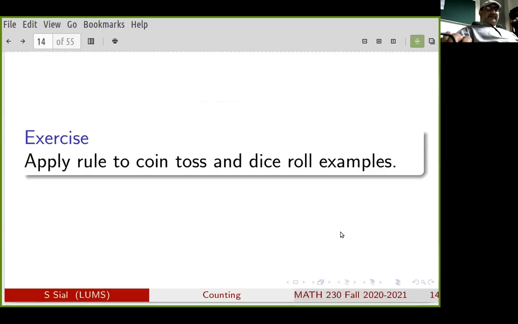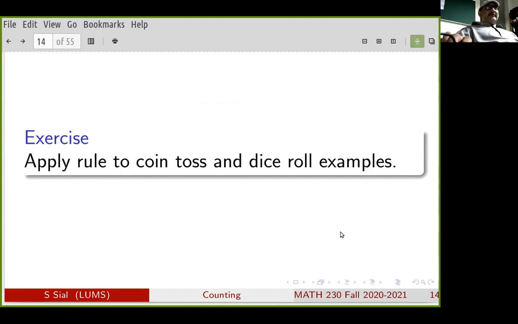Okay, so the coin toss experiment is one experiment, right? The first step can be done in 2 ways. And then for each of those 2 ways, the next step can be done in 2 ways. So 2 times 2 equals 4. For the roll of the dice, the first roll can result in 6 possible outcomes.